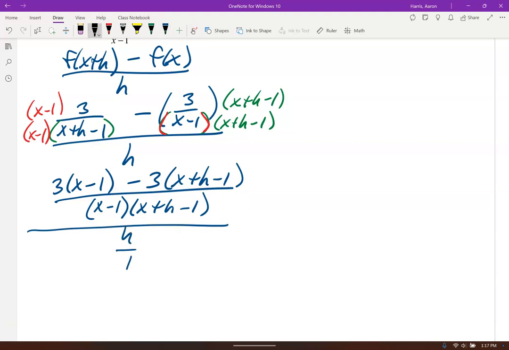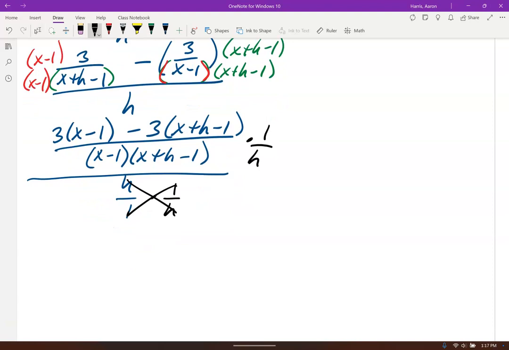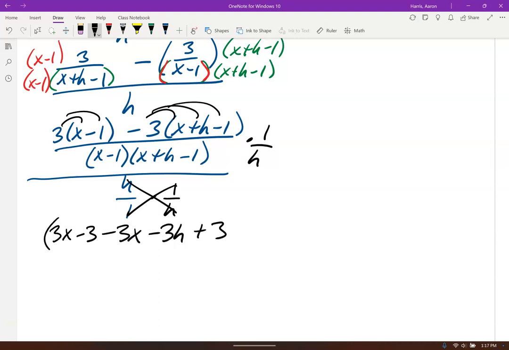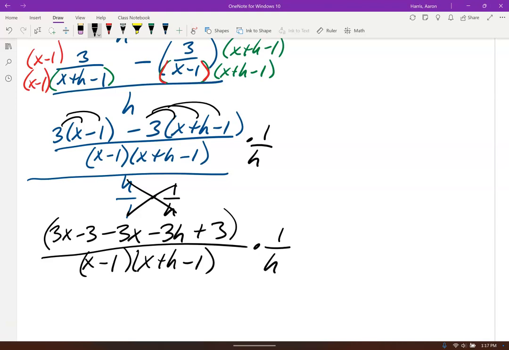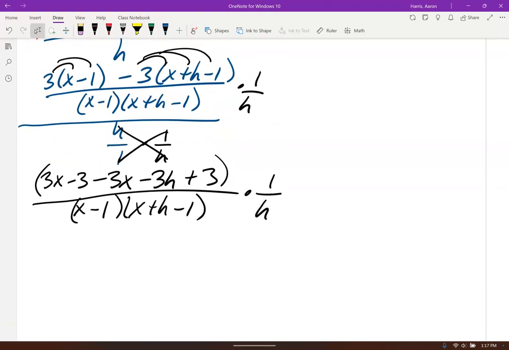So I have one fraction over one fraction, so I'm going to multiply by the reciprocal. And so what I have is, let me multiply this as well, 3x minus 3 minus 3x minus 3h plus 3 all over common denominator times 1 over h. Well, notice 3x minus 3x, that's gone. Negative 3 plus 3, that's gone.